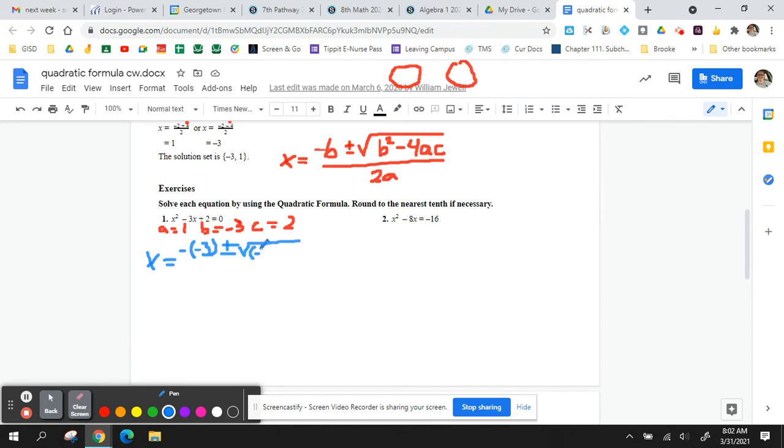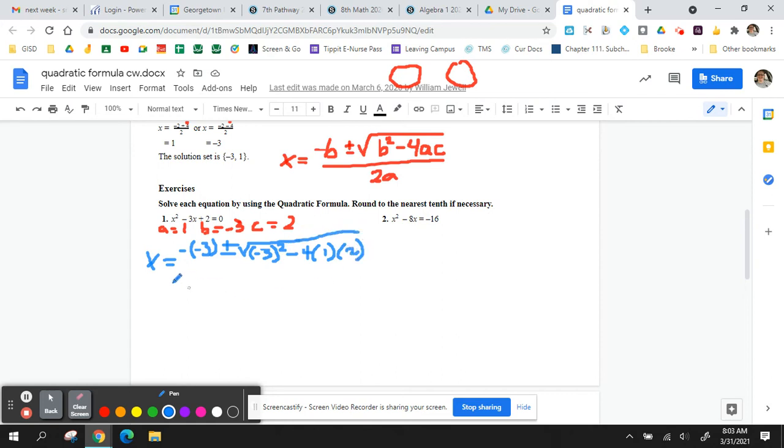I'm going to put it in parentheses, b, which is my -3 squared, and then minus 4 times my a value is 1 and my c value is 2.